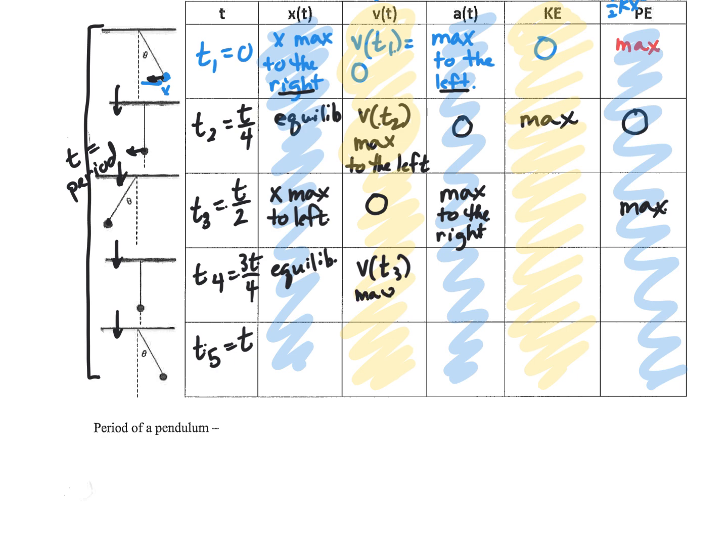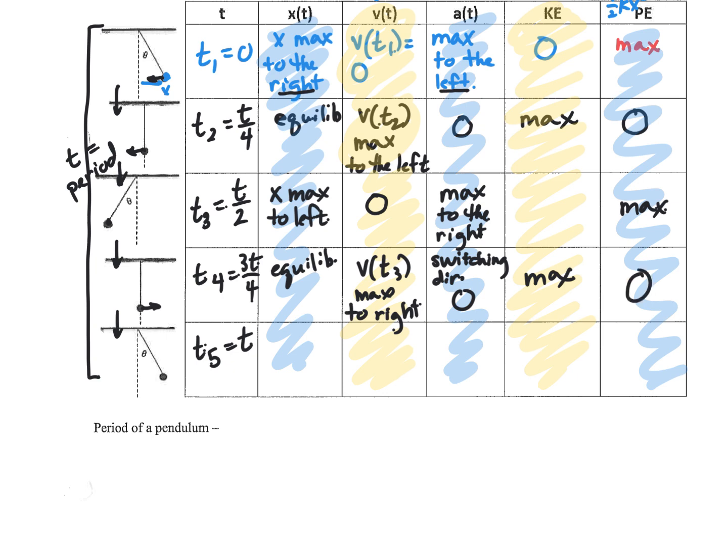So it is now a max to the right, which means this must also be at a max, correct? Because they have to match. Well, if this thing is at equilibrium, that means it is switching directions. The acceleration is switching directions, right? So it is 0. The velocity is switching directions, so it's 0, which means that our spring potential energy is also 0.